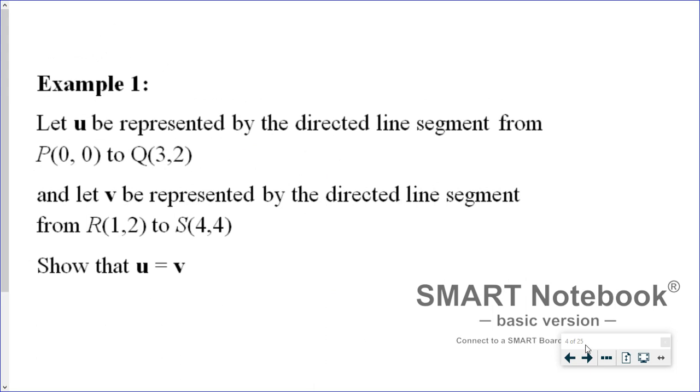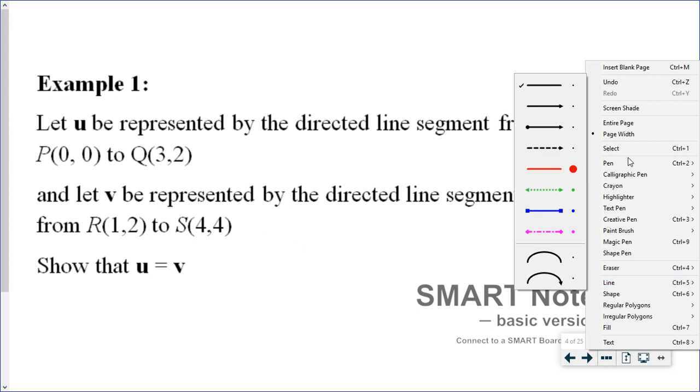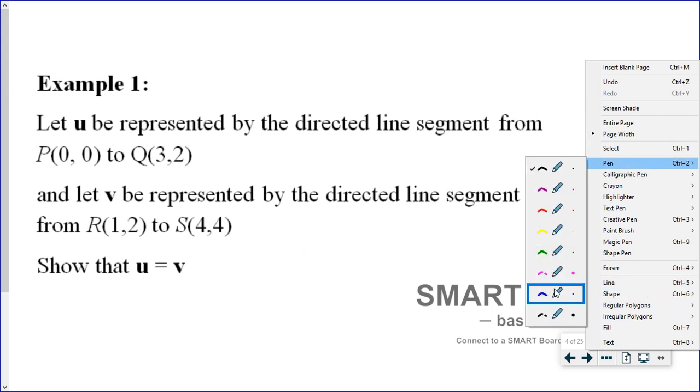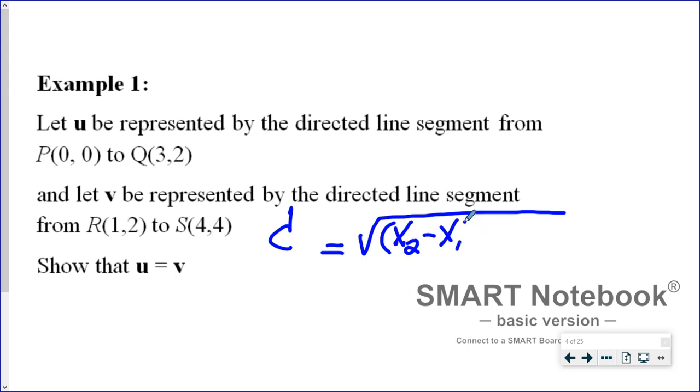Let me get the pen going on here. So our distance formula, hopefully we remember, d is equal to the square root of (x2 minus x1) squared plus (y2 minus y1) squared.